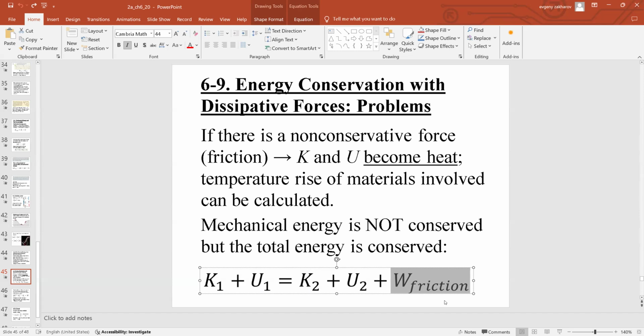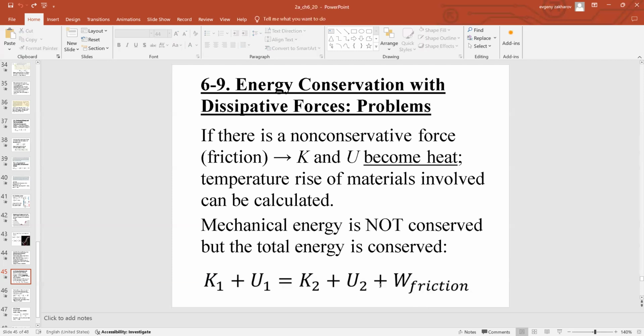So work done by friction is always negative. And that's one of the confusions, and you really can't use this equation as it says, because work done by friction is negative. So you want to add this work, but it's a negative value, which is confusing.